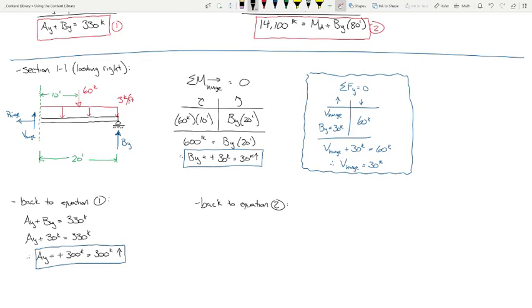So we have 14,100 foot kips is MA plus BY times 80, right? I'm just getting that from the top of the screen. So 14,100 is MA plus BY. Now I know what BY is, that's 30.